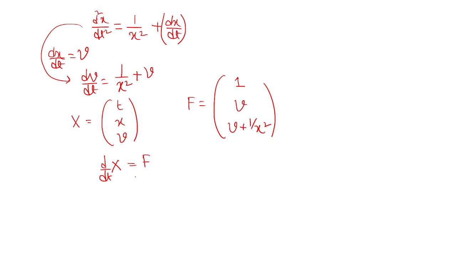So is it clear? Like how can we write down this differential equation in matrix form? Clear, sir. Yeah. So in that way we can write down any differential equation in this matrix form.